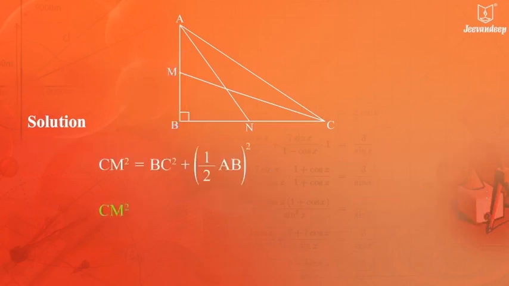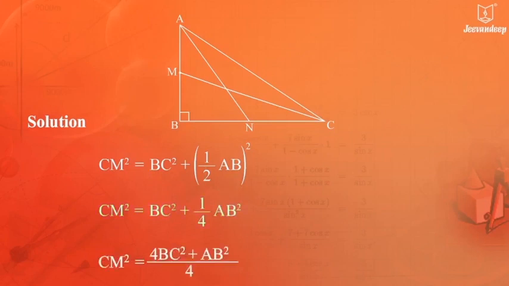Or CM square equals BC square plus 1 by 4 AB square. Therefore, 4CM square equals 4BC square plus AB square. Equation 3.